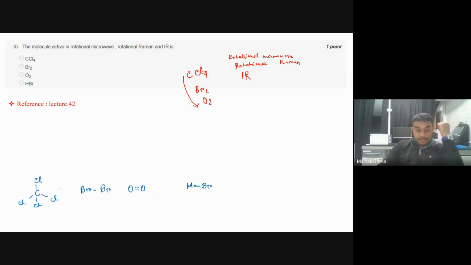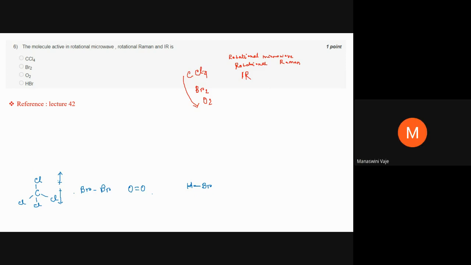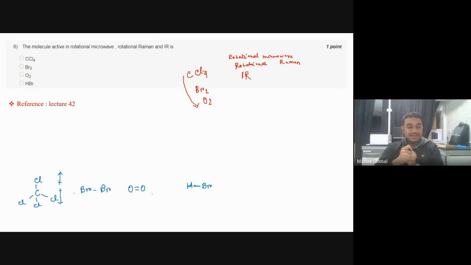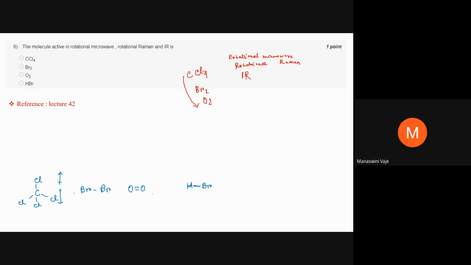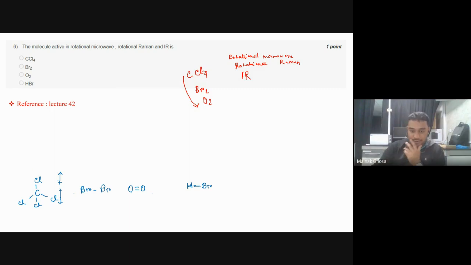Okay. So all CCl moments will be in this direction. Then these other CCl movements will be in this direction. So these three have one thing in common. Have you found out that? They are linear molecules. No, CCl4 is not linear. No, no, the other three.